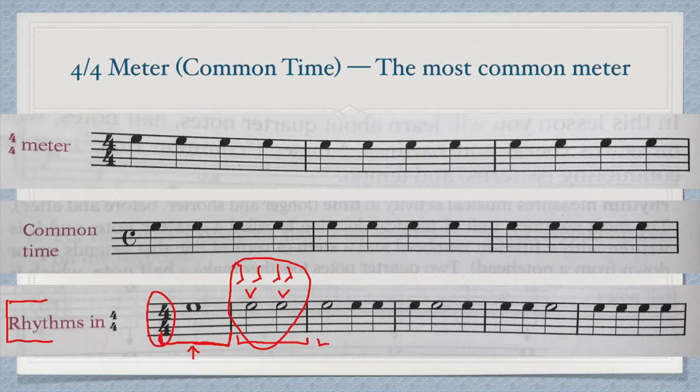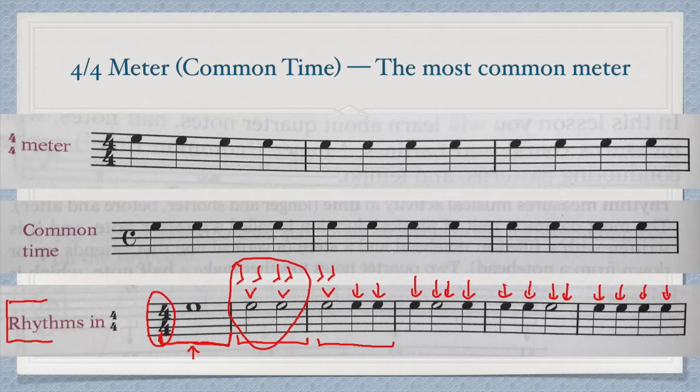And then we will analyze the next measure. There is one half note, which contains 2 quarter notes, and then 2 quarter notes, in 4/4 meter. 1, 2, 3, 4. 1, 2, 3, 4. 1, 2, 3, 4.